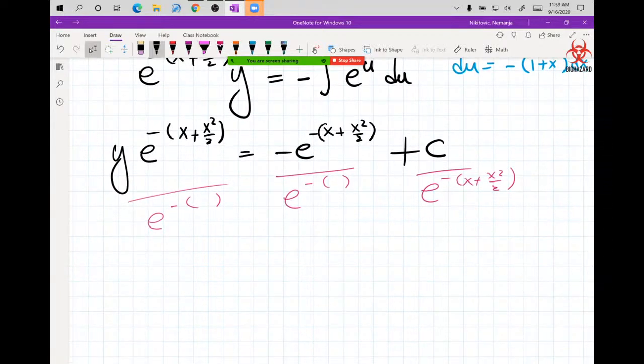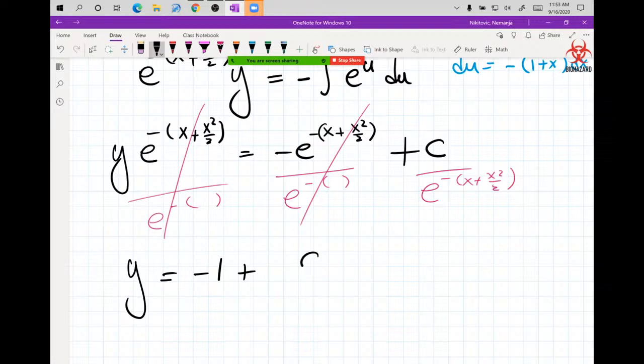And they will cancel. So y equals negative 1 plus c over e to the negative x plus x squared over 2.